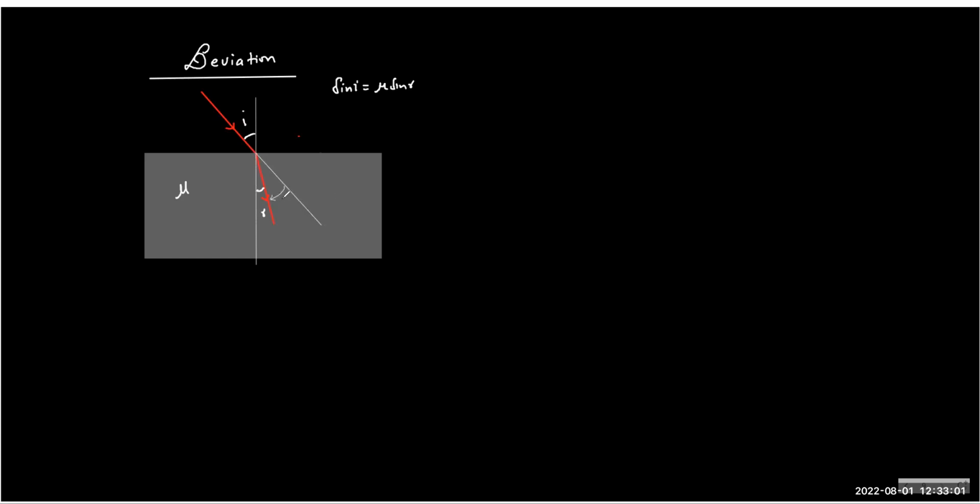So this ray has turned by delta. This is the deviation.